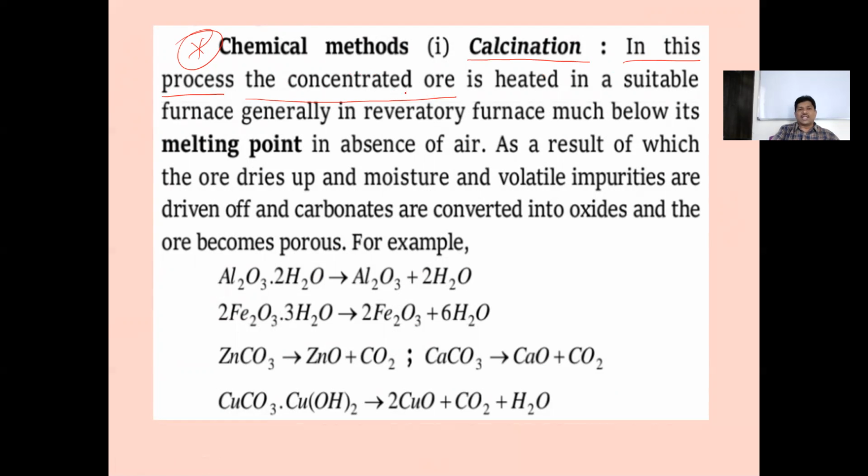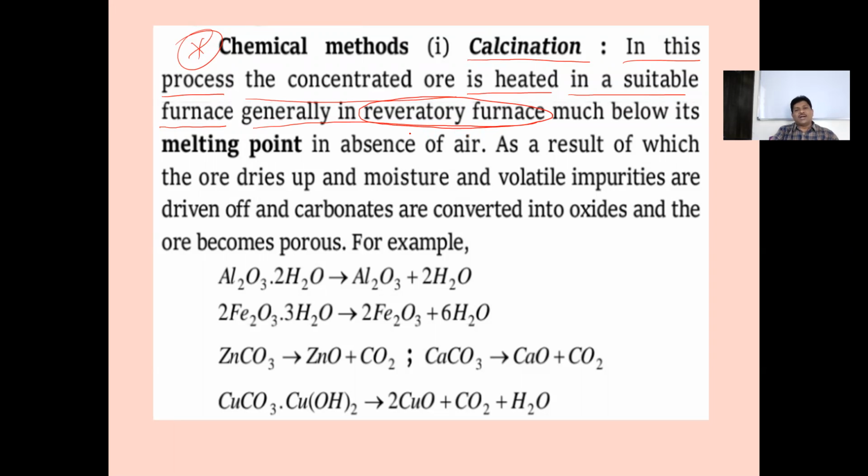In the calcination process, the concentrated ore is heated in a suitable furnace, generally a reverberatory furnace. Furnace means the device used to heat the ore at high temperature.